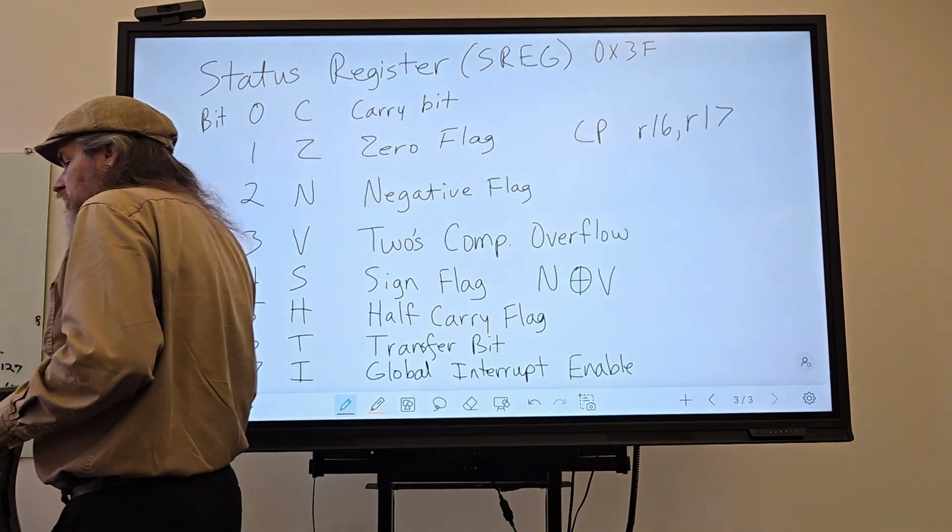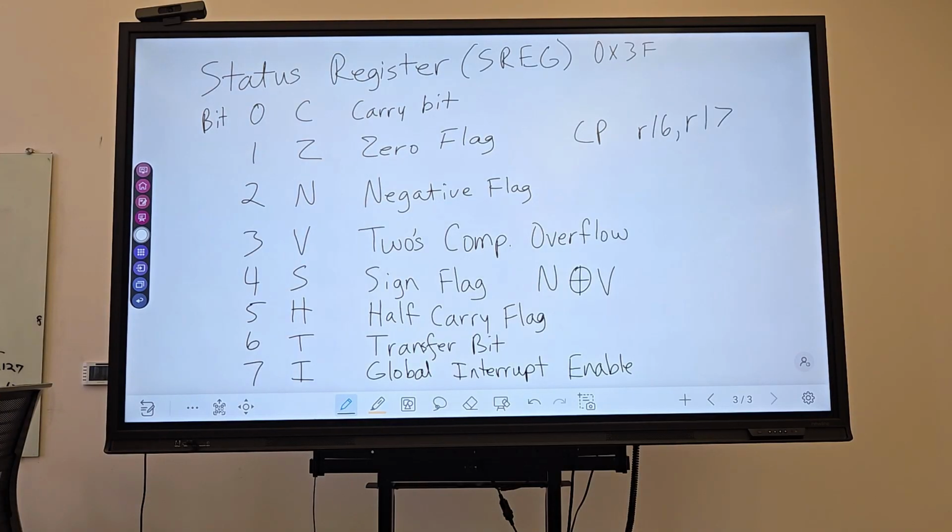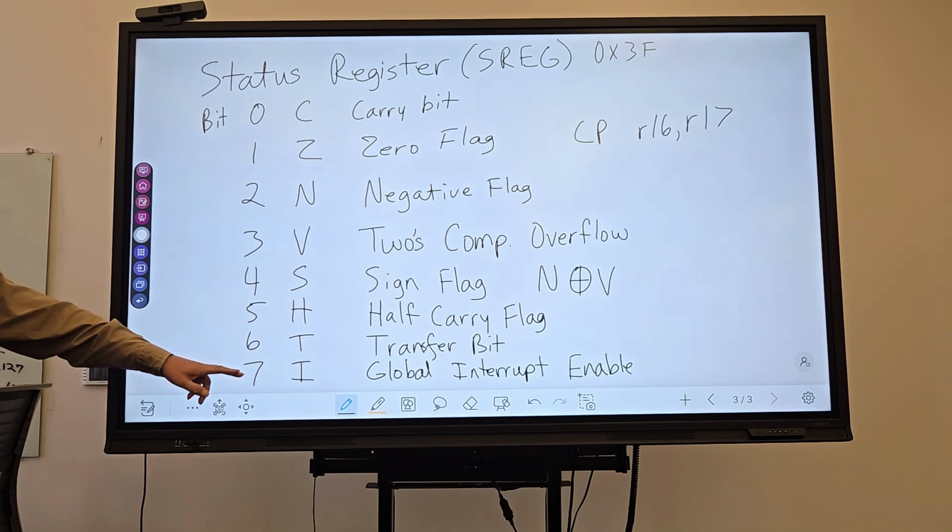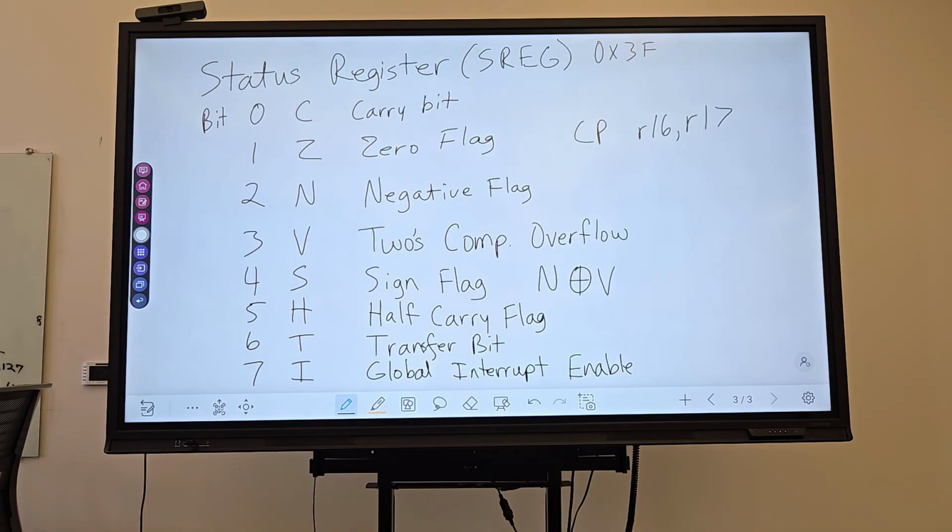The global interrupt enable bit is the bit that enables interrupts throughout the entire device. If this bit is cleared, no interrupts can be triggered. If this bit is set, then interrupts can be configured and used.